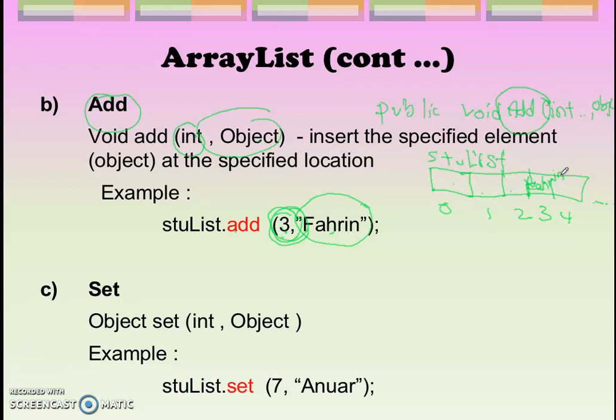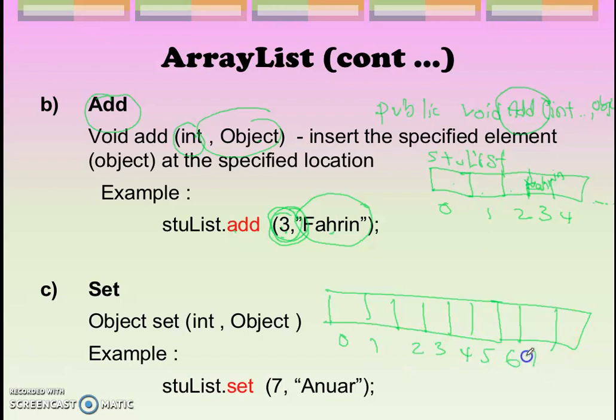Okay, next we have set. Set means that we want to update the value. We don't want to know the current value, but what we need to do is we want to update to a new value. For example, 2, 4, 5. Okay, 0, 1, 2, 3, 4, 5, 6, 7, 8.